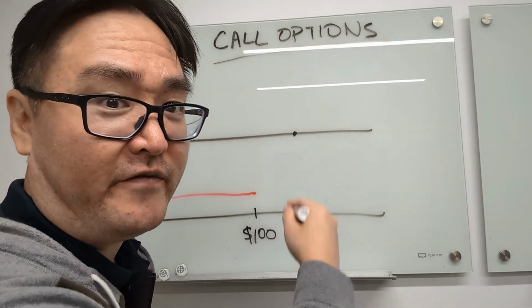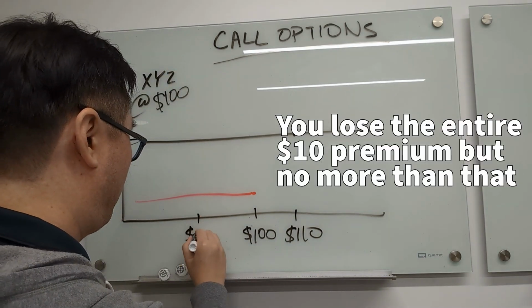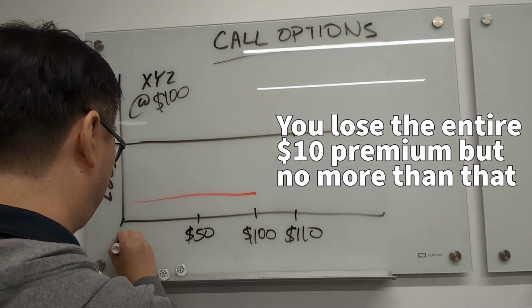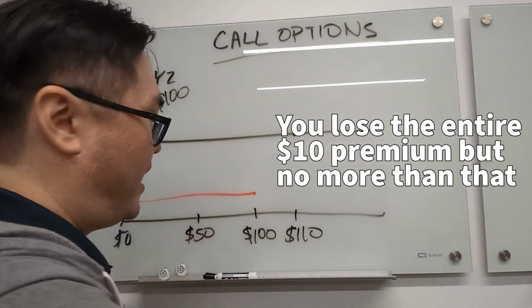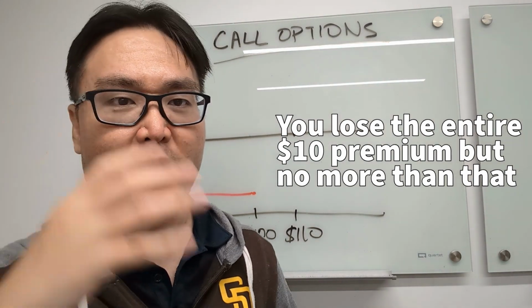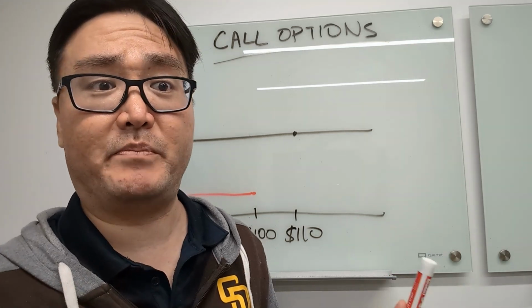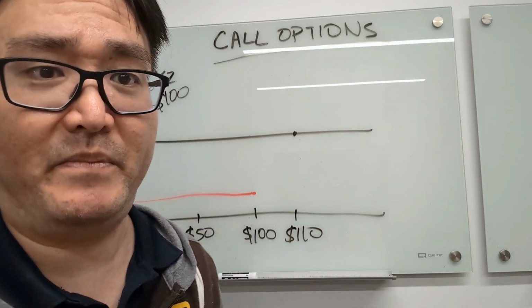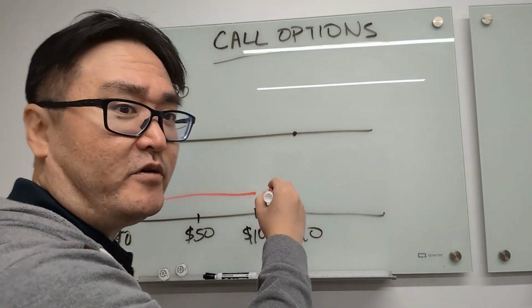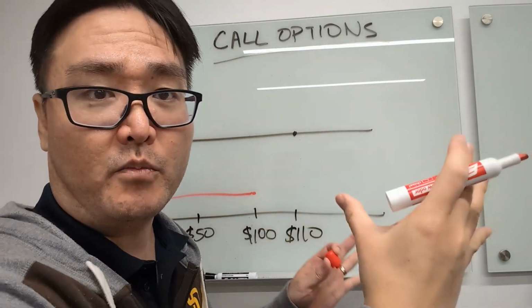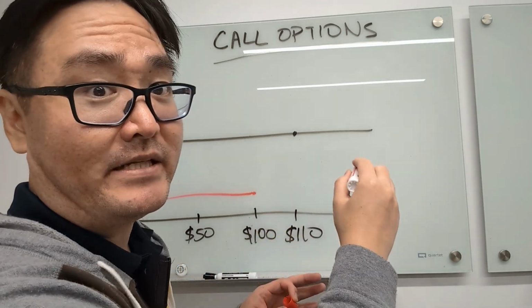Whether it goes to $50 or $0, you're losing money. However, let's say there was some positive catalyst, they released positive earnings or whatever the case may be, and it started moving higher in the market. As it moves higher toward your break-even point, to 110, your position becomes less and less negative.